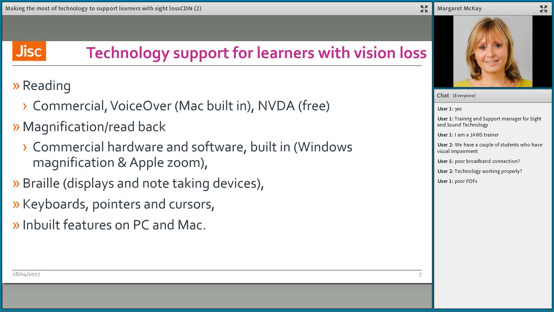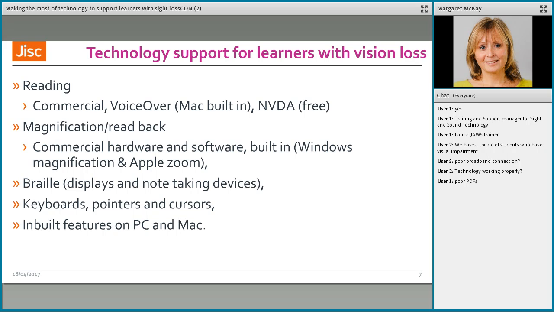Magnification tools come in various options: handheld, portable, desktop. They can change colour contrast, capture images, and offer distance viewing, capturing information that might be far away, for example, in a lecture. Some magnification tools offer optical character recognition as well, that convert images of text into a format that can be read back.